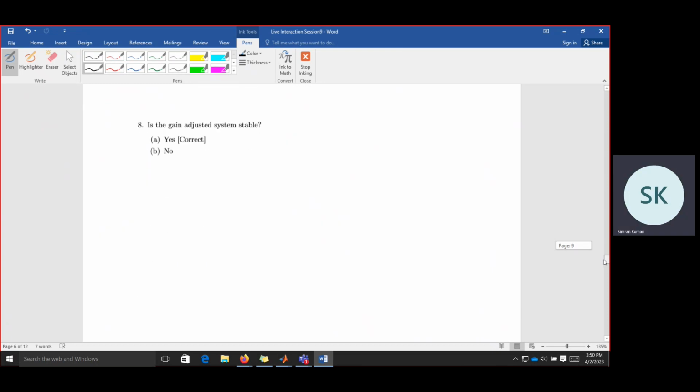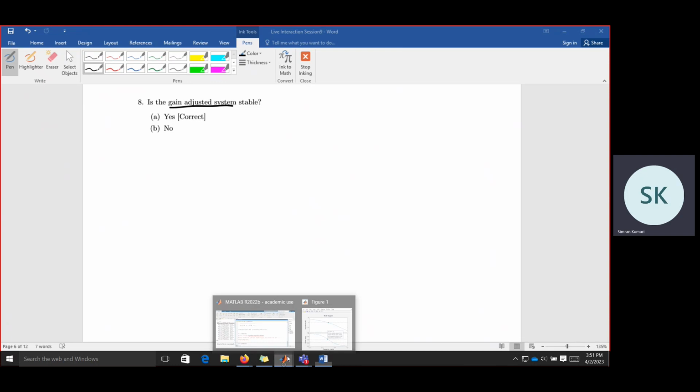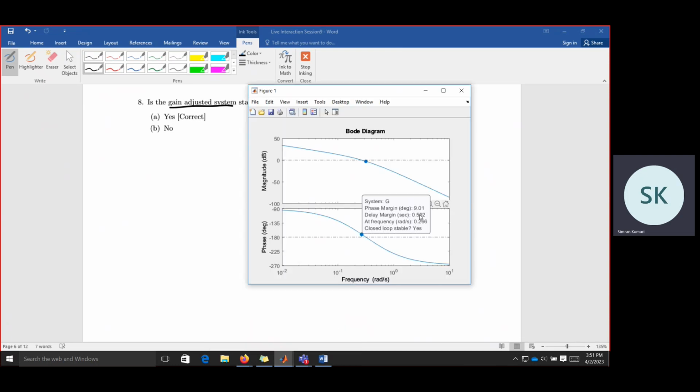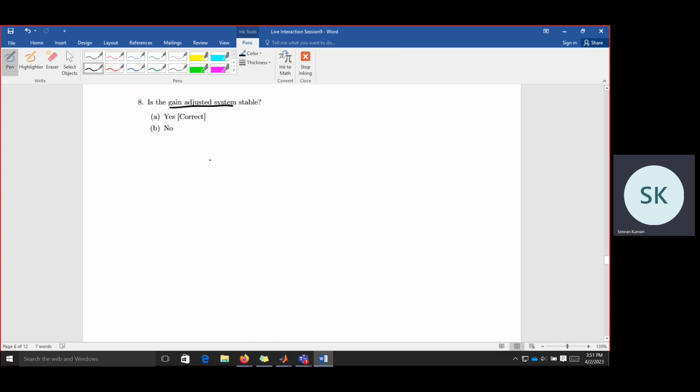Now for this gain adjusted system, is it stable or not? So we have seen from this Bode plot, obviously this is stable because it has positive gain margin, that is 2.92, and positive phase margin. So we can check this also.